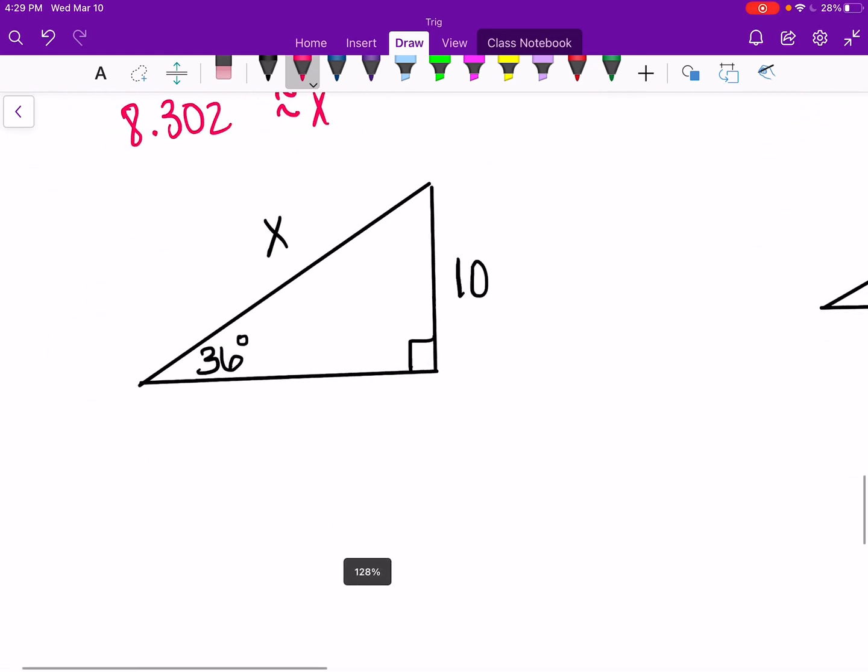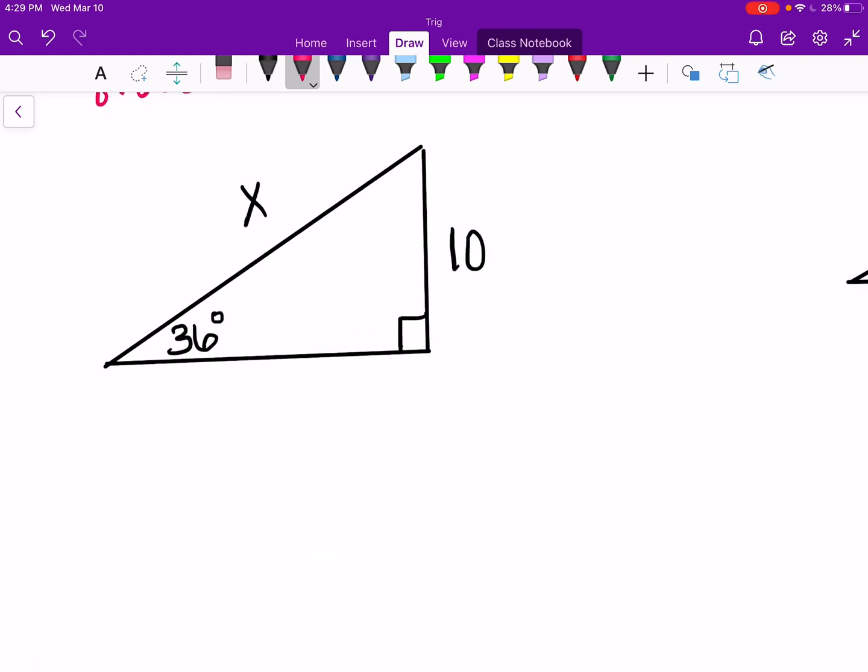Next example. We're given the angle of 36 degrees. This 10 over here is opposite of our given angle, and our x is our hypotenuse.